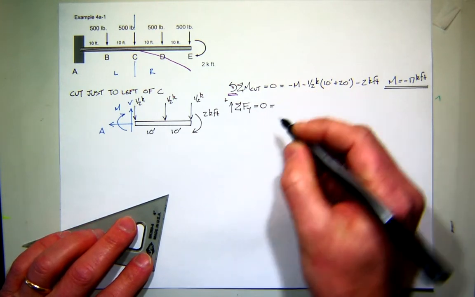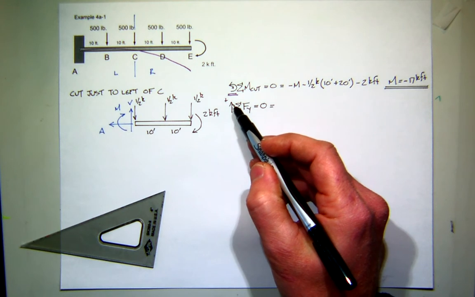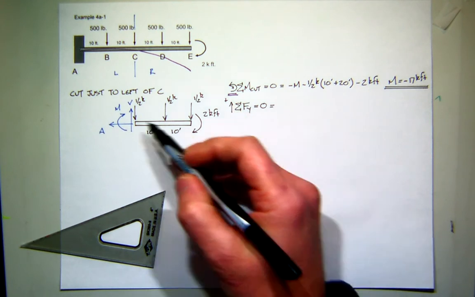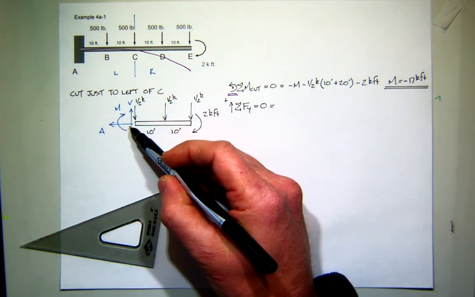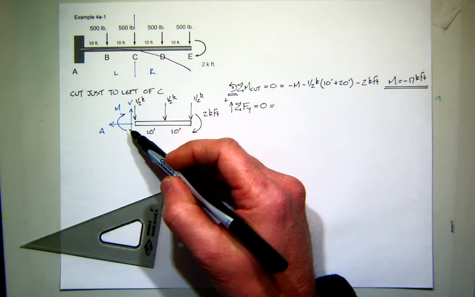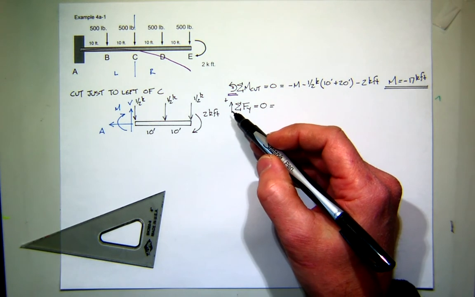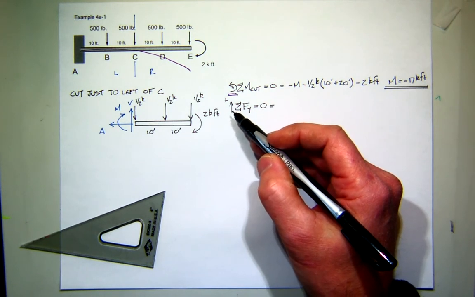Okay, so now I'm summing forces, and I'm assuming that up is positive. That has nothing to do with the fact that my positive shear force just happens to be up. They are two different things, not related. You could choose your positive sign convention to be down. It won't make any difference, as long as you're consistent.